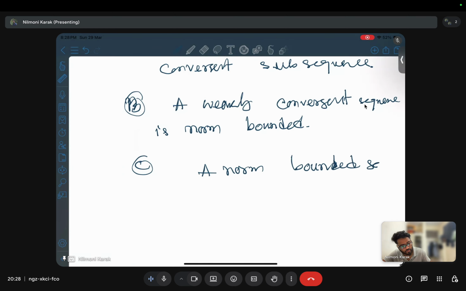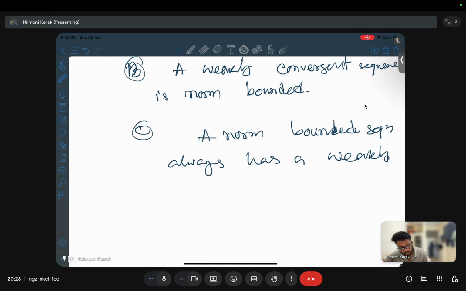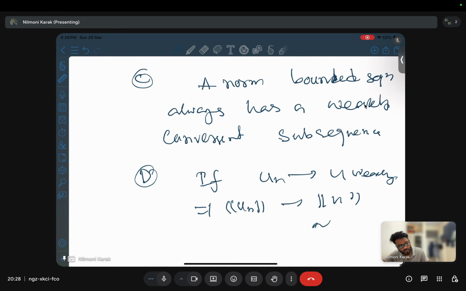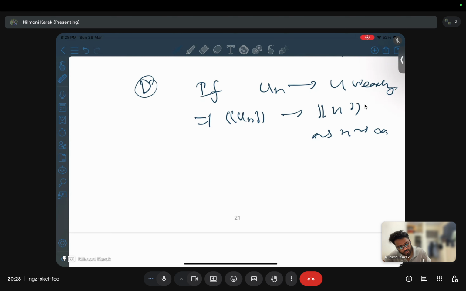A norm-bounded sequence always has a weakly convergent subsequence. If un goes to u weakly, then norm of un goes to norm of u as n goes to infinity. Let us solve.